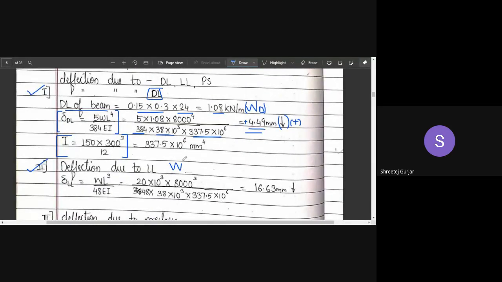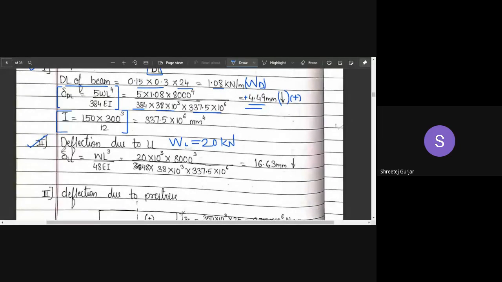So the deflection due to live load because of a central point load is given by the formula W L cube by 48 EI. We substitute 20 into 10 power 3 to convert kilonewton to Newton, L cube divided by 48 E into I. This is also positive, since deflection due to live load is in the downward direction. It will cause sagging of your beam.